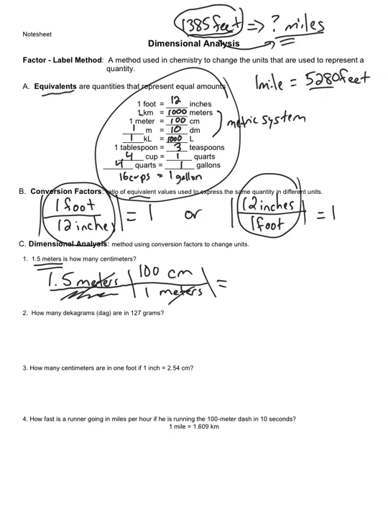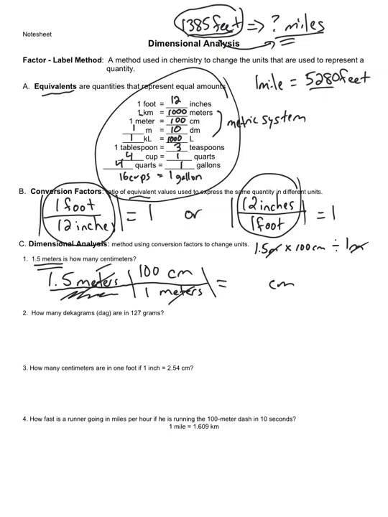In essence, what I'm really doing is taking 1.5 meters, times 100 centimeters, and then dividing by 1 meter. Because I have a meter divided by a meter, those units of measurement cancel. I'm left with centimeters, which is exactly what this is showing here. So you'll notice that I always do units first. I cross off the units when I'm done converting them, and then I do the math.